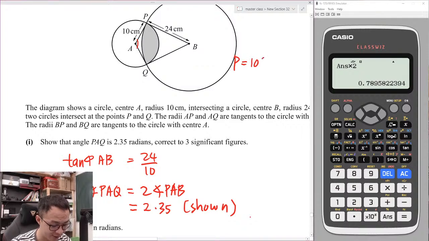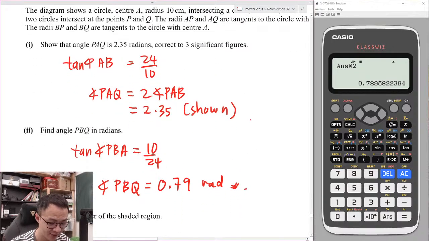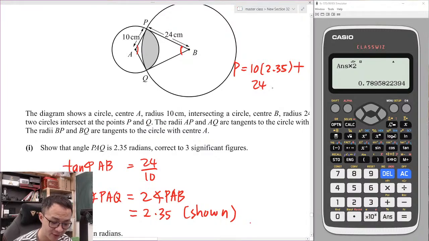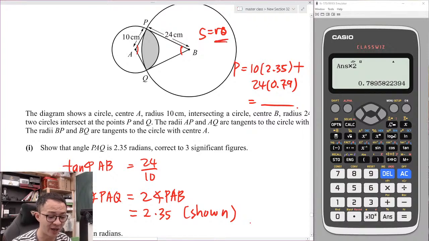R is 10, theta is 2.35, plus another r theta. R is 24, and theta is, what is the angle again? 0.79. Type in the calculator, because basically it's one arc length plus another arc length. The arc length formula is s equals r theta, so I normally just straight away do the r theta here.